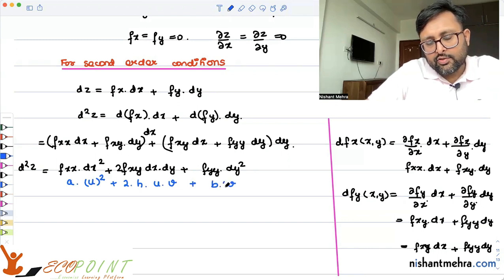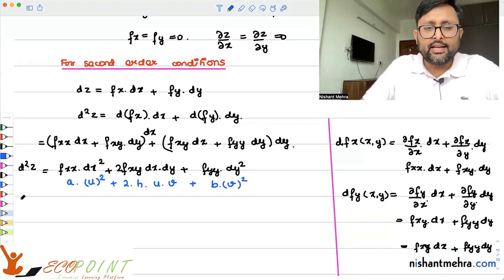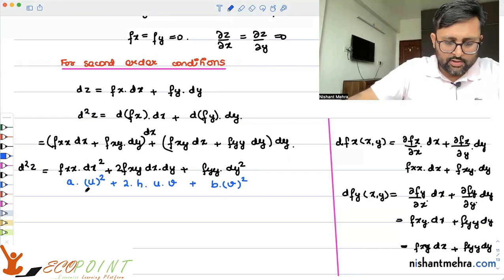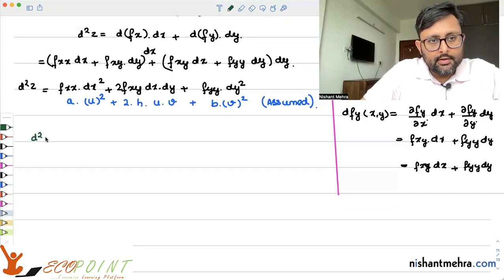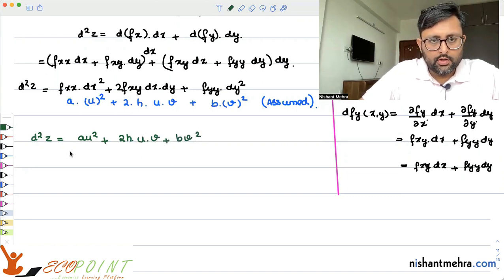I've just assumed these things. It is easy to write in a, u, b, h form instead of writing fxx, fxy. So I can write this d2z as au squared plus 2huv plus bv squared.